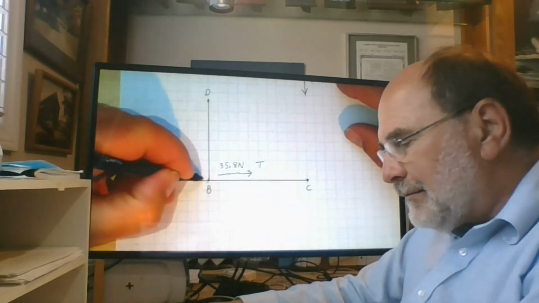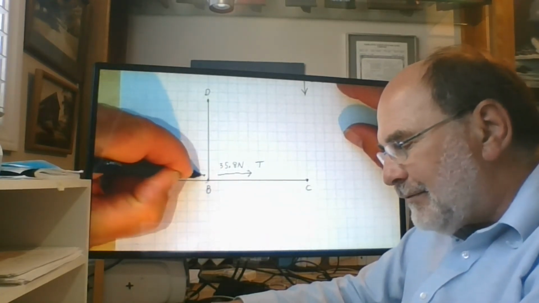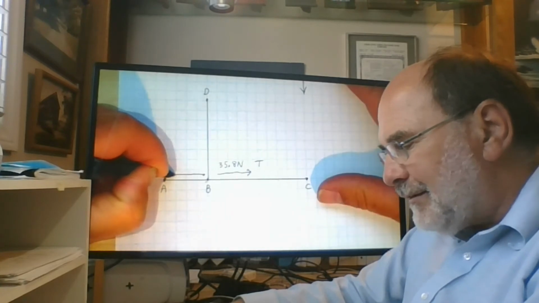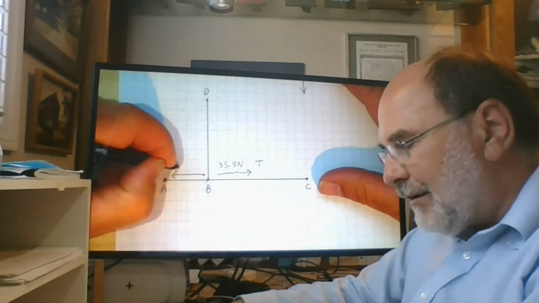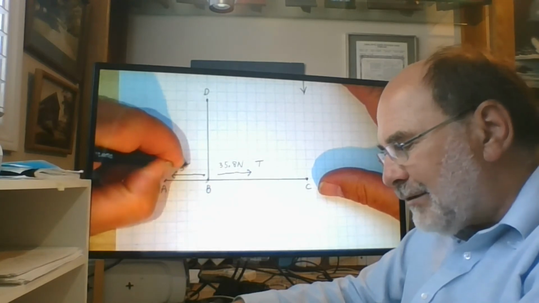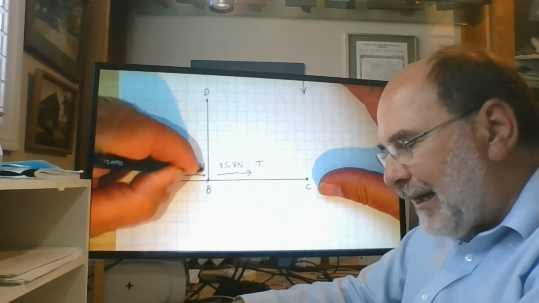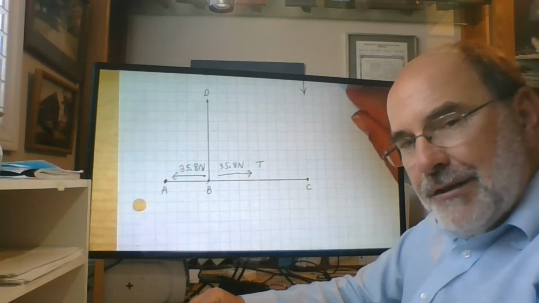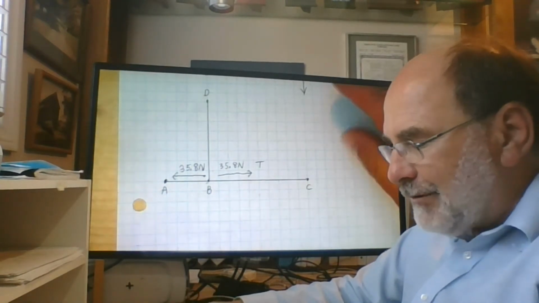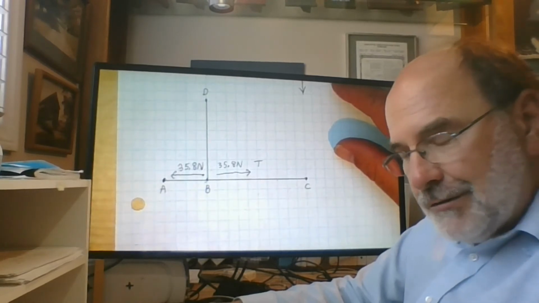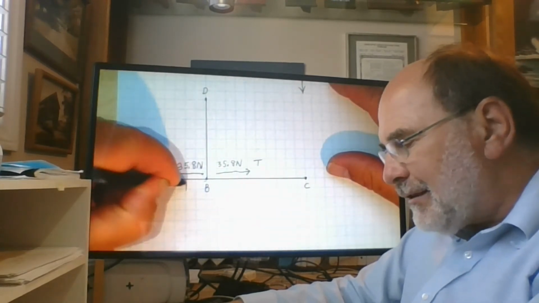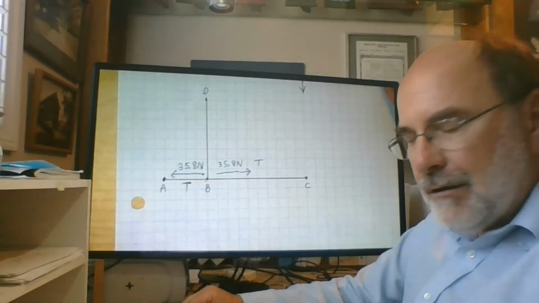So that makes this thing pretty easy to figure out, relatively speaking. A must be pulling B to the left with a force of magnitude 35.8 newtons. And since it's pulling it, I could replace this stiff member with a rope and it would still do its job. So this is under tension.